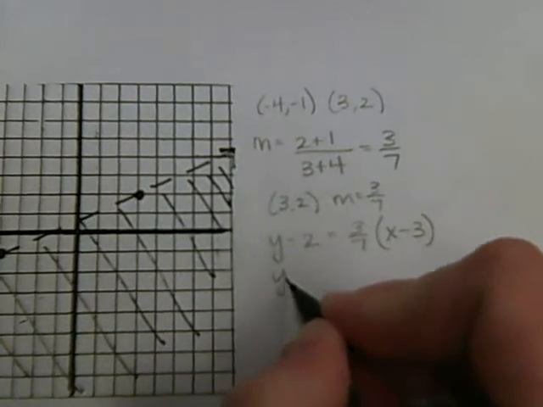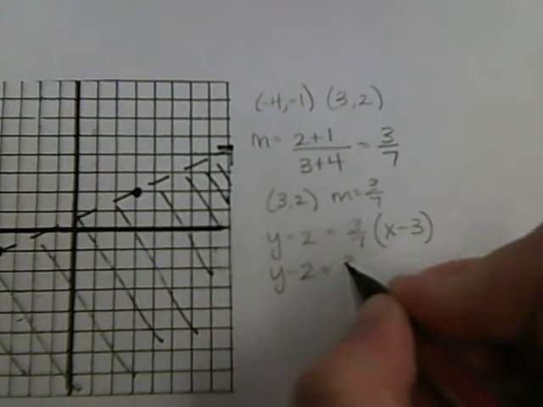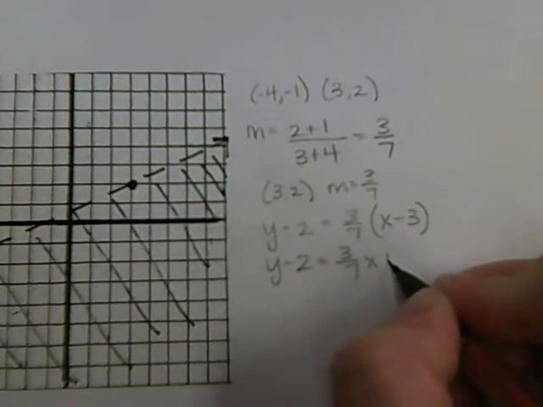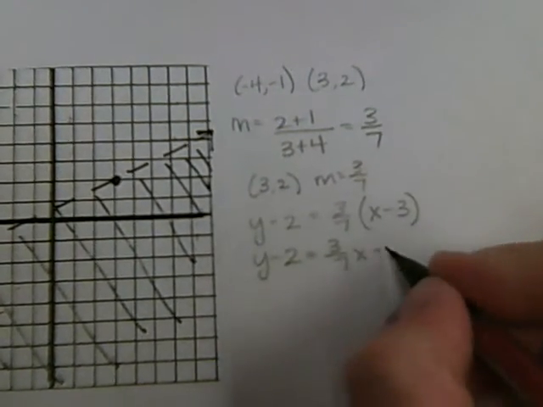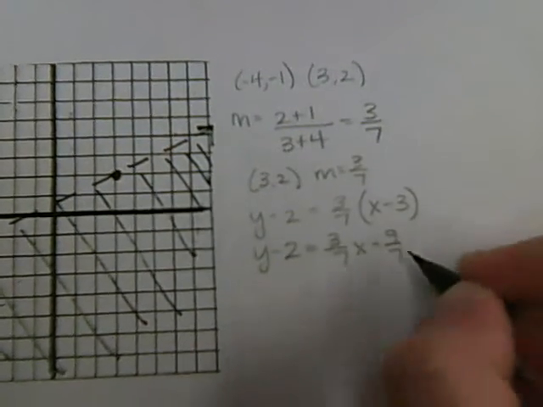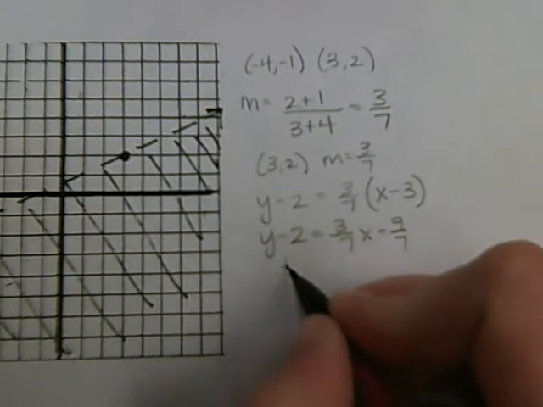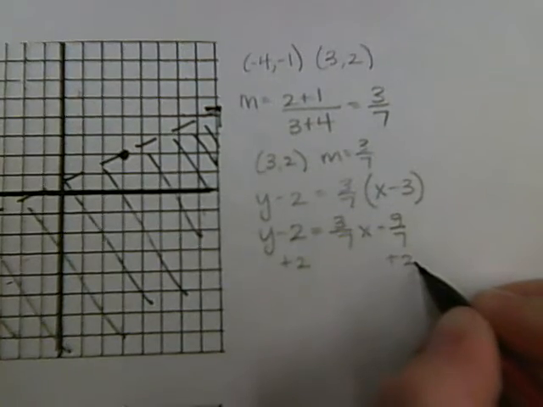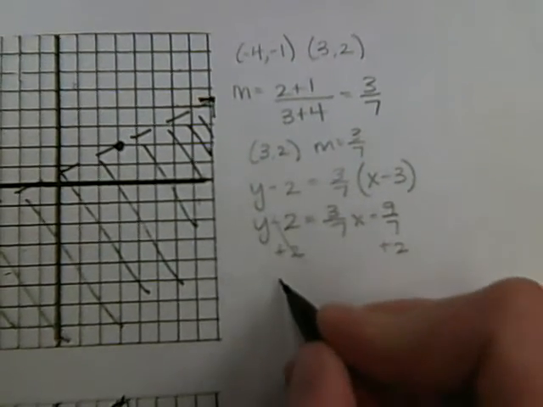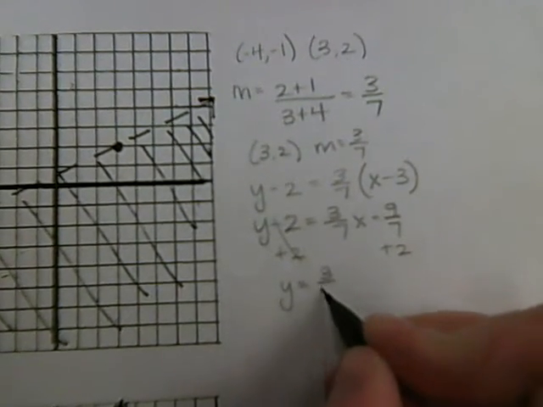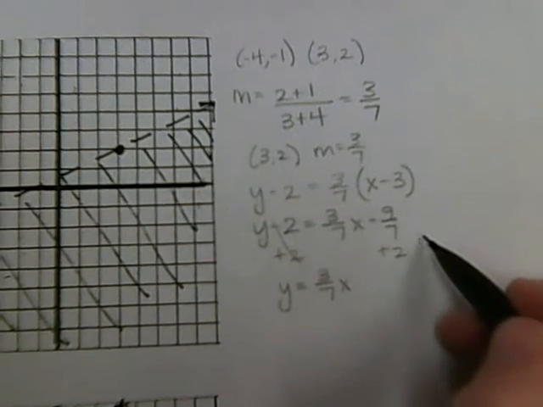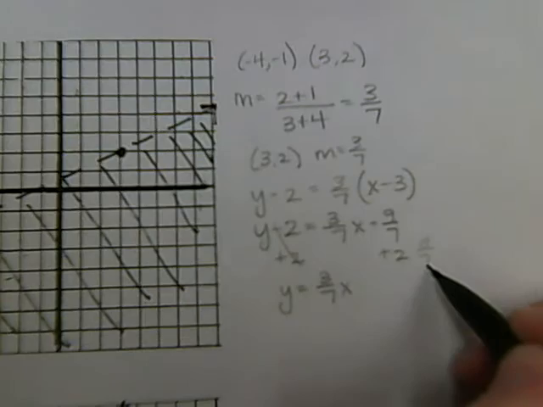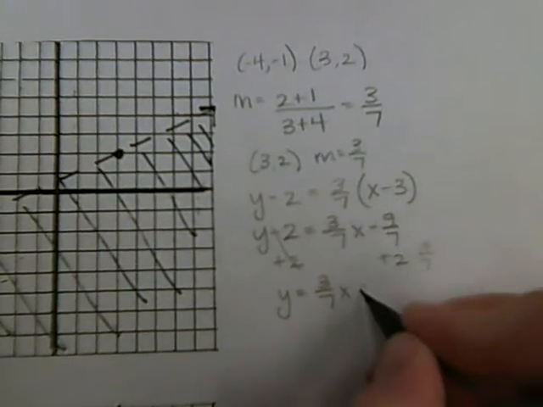That gives me y minus 2 equals 3/7 x minus 9/7. And then I'm going to add the 2 across. So that'll be y equals 3/7 x. Common denominator there would be 14/7, so that would leave me with 5/7.